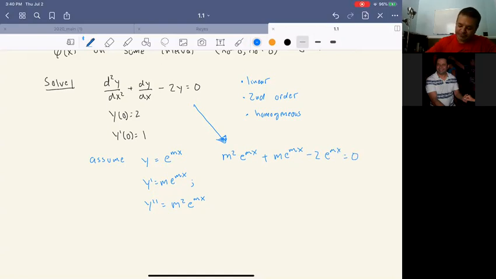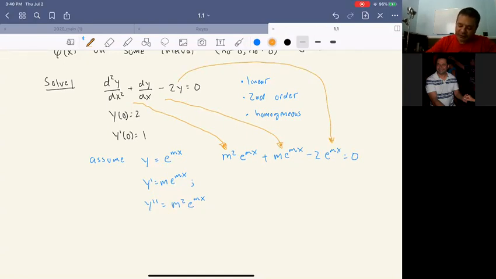In fact, let me make these arrows nicer. The y double prime term goes there. The y prime term goes there. The y term goes there.